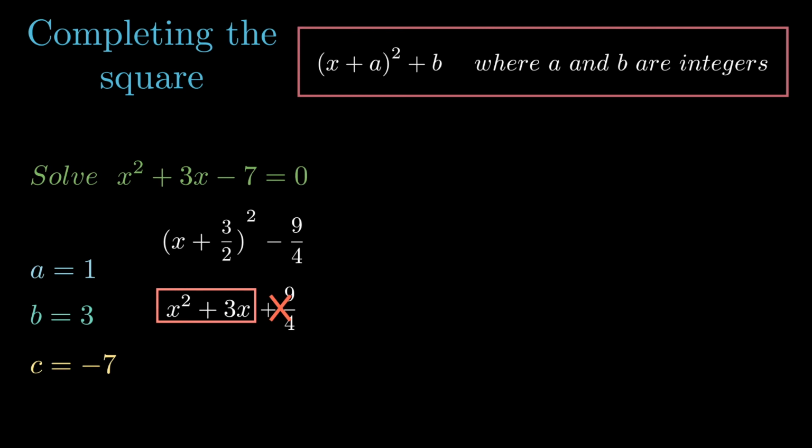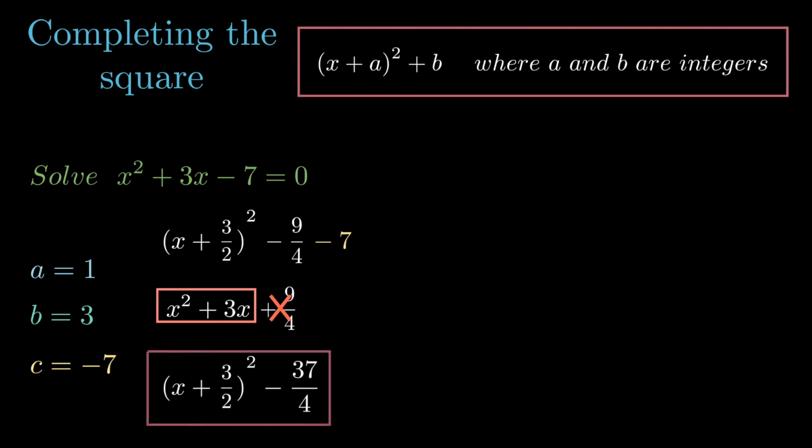And then we add our minus 7. So for our final answer, we do minus 9 over 4 minus 7, and we get minus 37 over 4. And that's our final answer. a is equal to 3 over 2 and b is equal to minus 37 over 4.